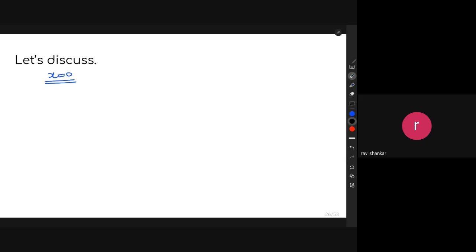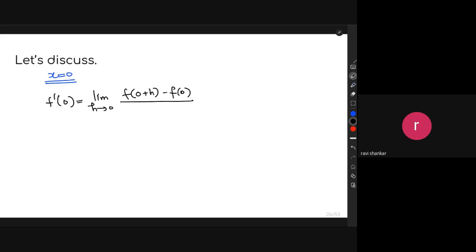Again, the idea is to go back to the definition of differentiation. We want to find the differentiation of f at 0, which is nothing but the limit of f of 0 plus h minus f of 0, divided by h.